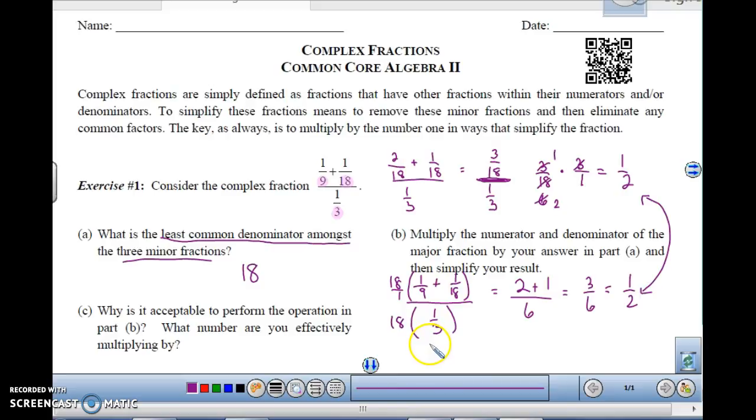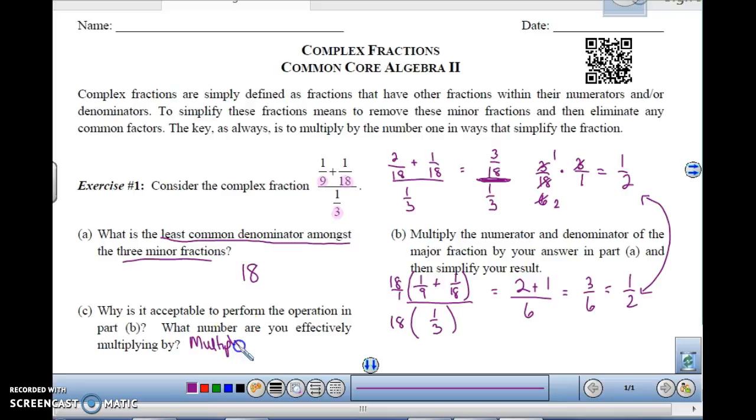Just like we did with fractional problems, you multiply by the common denominator to get rid of the fractions, same thing. All right, now why is it acceptable to perform the operation in part B? Why could we multiply right here by the same thing? Because we are multiplying by the same thing. Technically, we're multiplying by 1.